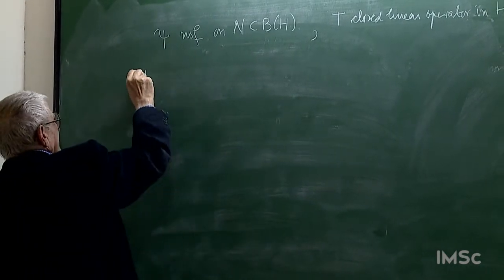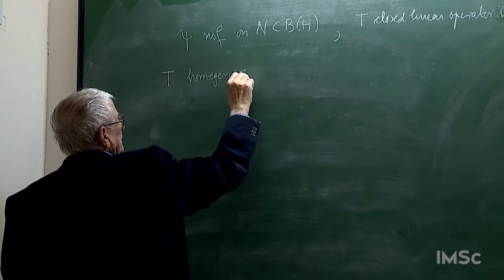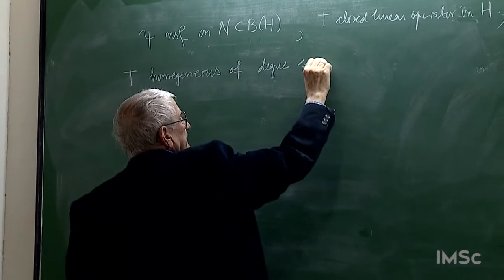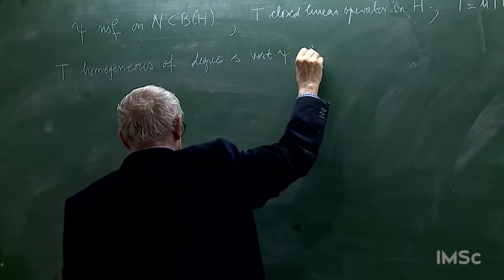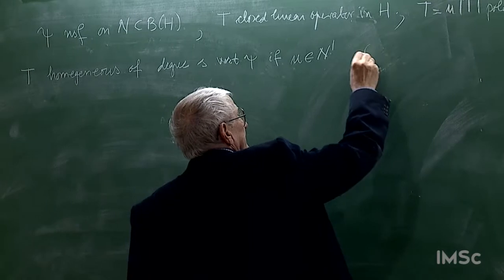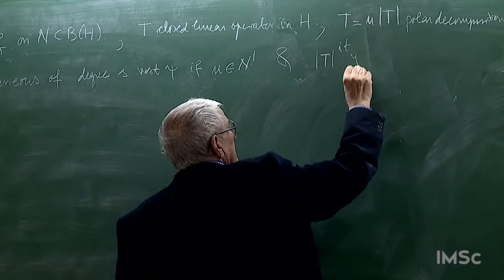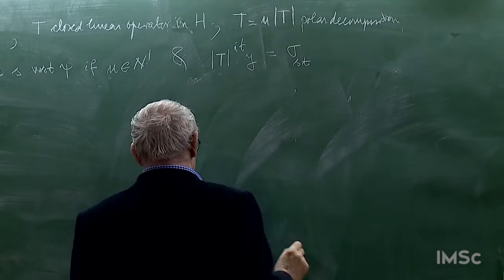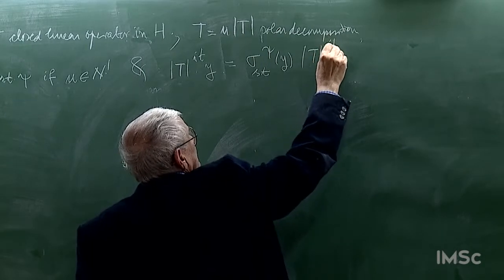Well, the operator T will be called homogeneous of degree s with respect to psi, which is fixed there, if U belongs to the commutant of N and the modulus of T to the power it, times Y, is equal to sigma_st psi of Y times the absolute value of T to the power it.